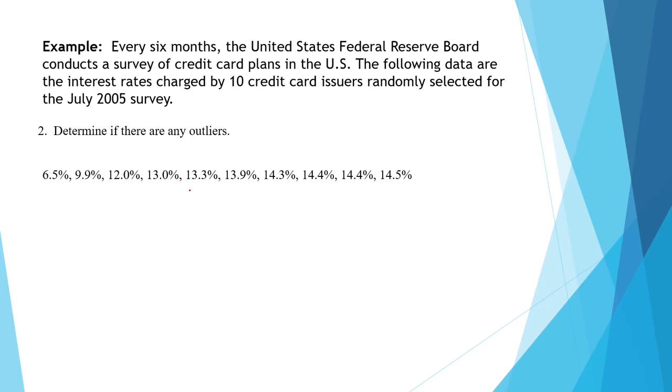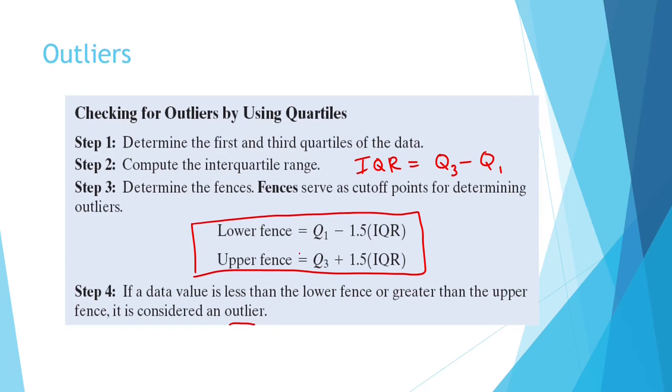Next, we're going to determine if there are any outliers. In order to do that, we'll have to look at the lower fence and the upper fence. The lower fence is equal to Q1 minus 1.5 times IQR. The upper fence is equal to Q3 plus 1.5 times IQR.